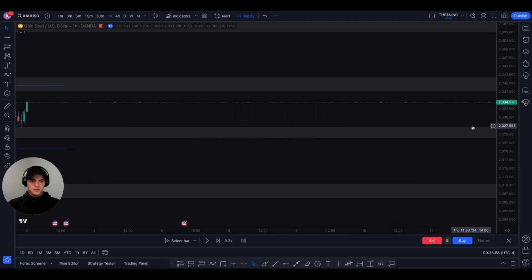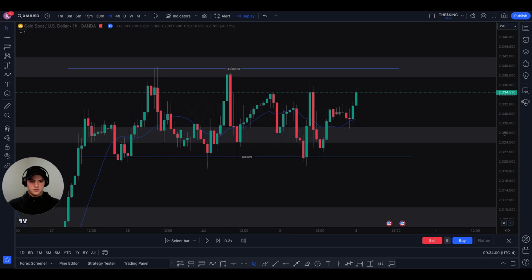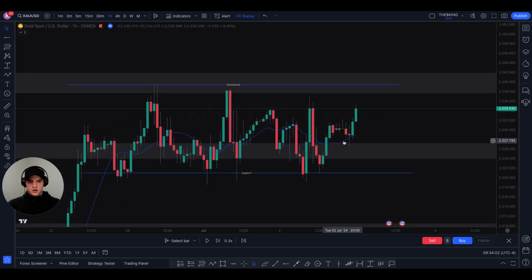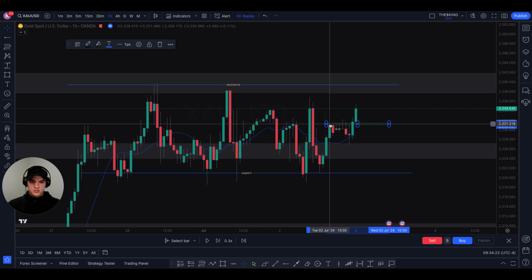We right now are trading above the moving average, and we just had this green candle over here closing right on these levels of wick, right? Wick means there are rejection areas, and we just closed above this level of rejection.